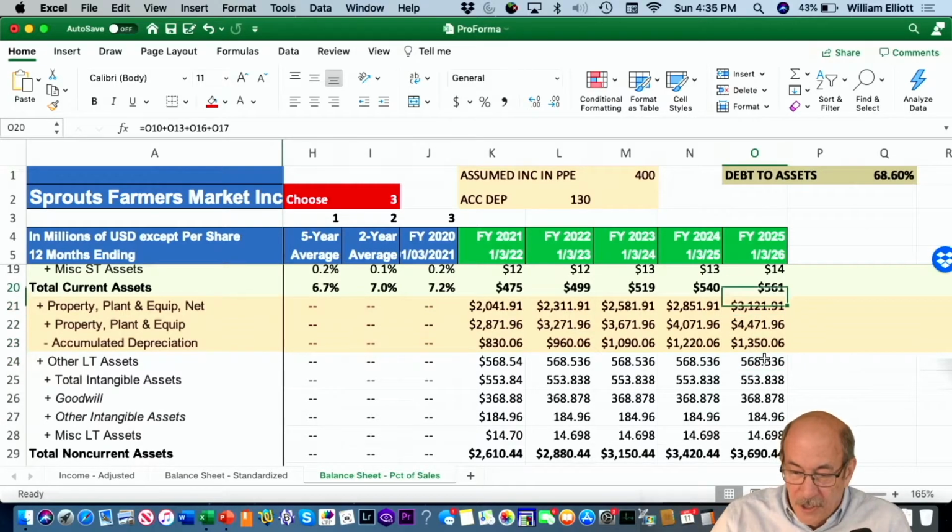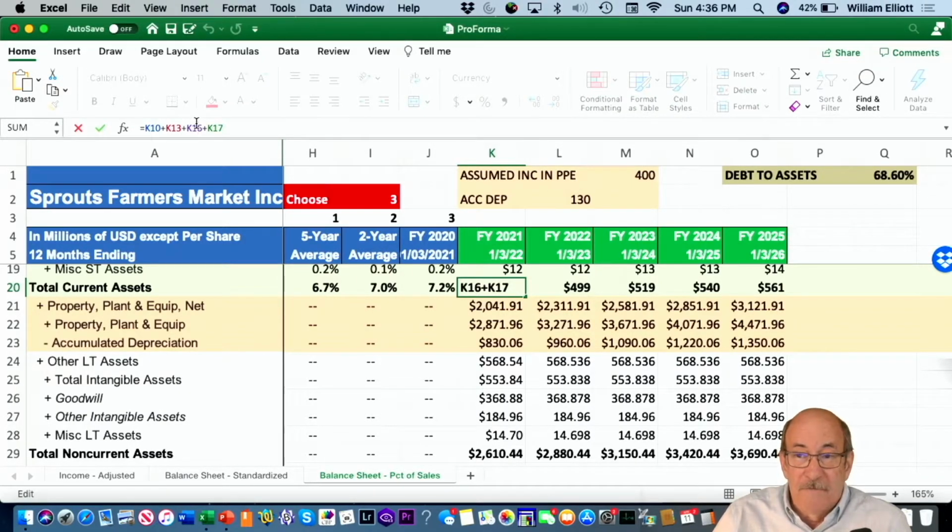By the way, I should also point out that in building this thing, even though I brought all of this data across from Bloomberg, and Bloomberg has already summed up the total current assets, for example, I've actually made this an equation in Excel. If you take it as a fixed figure coming out of Bloomberg, that's not going to work.